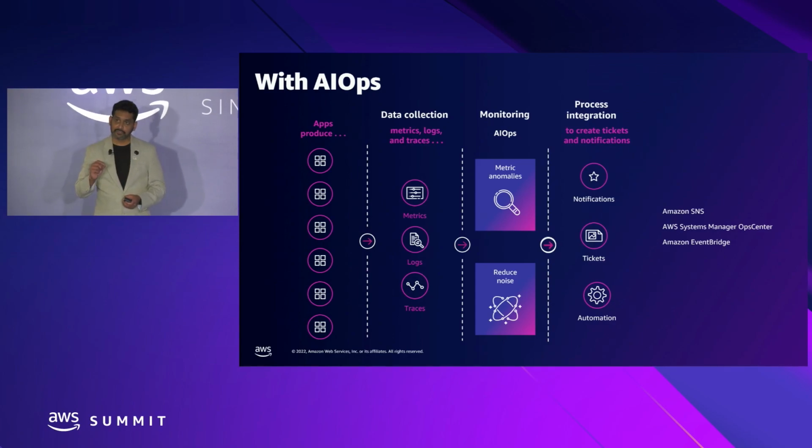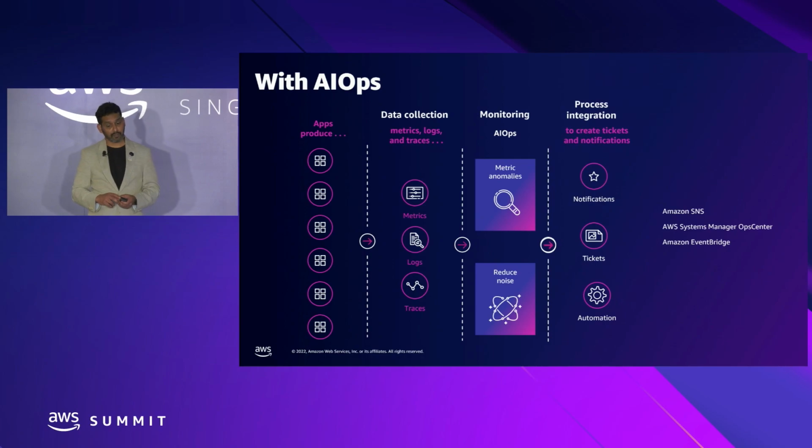With AIOps, you can automatically analyze metric anomalies, and you can auto-detect issues you may not be even looking for, and you can reduce the noise and even provide context to your operations team when they get notified of a potential issue.